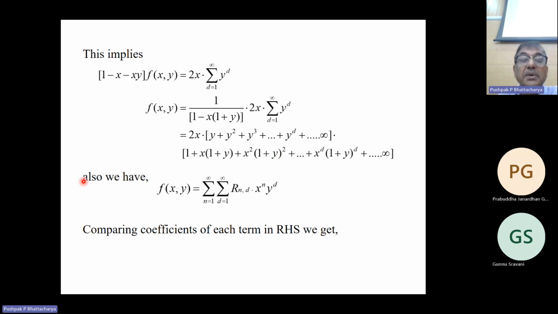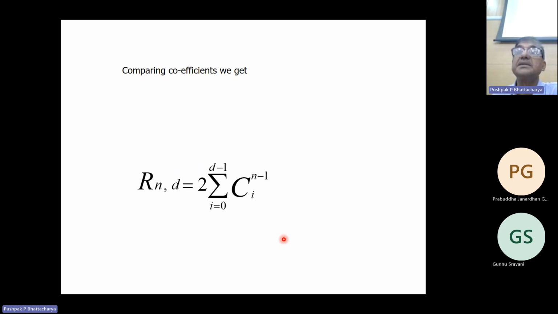Okay. Also, we have f(x,y) equal to the sum over n equal to 1 to infinity, d equal to 1 to infinity, R(n, d) x^n y^d. Okay. So comparing coefficients of each term in the RHS, what we get is this, you should do yourself. R(n, d) is equal to 2 into the sum over i equal to 0 to d minus 1, of C(n-1, i).